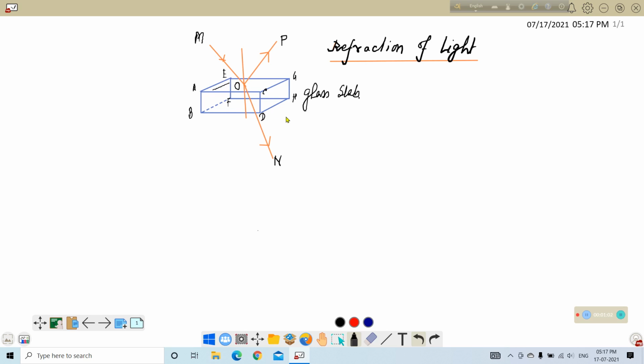This slab is transparent. Glass is a transparent material. When light is incident on one of its surfaces, it allows the light to pass or to transmit through the medium. So glass slab is a transparent medium.